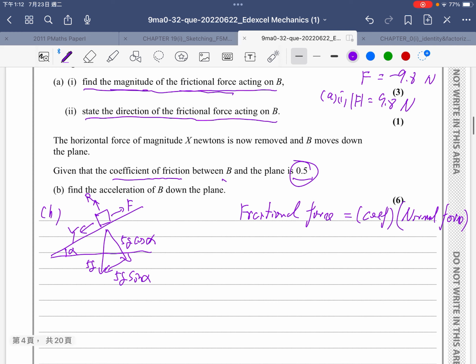Here the normal force is equal to this one, because this must be in the opposite direction.